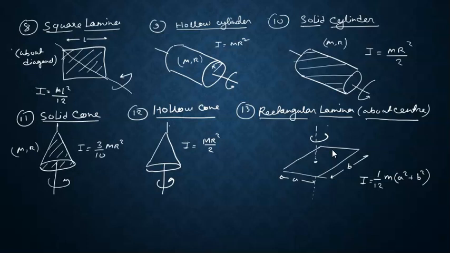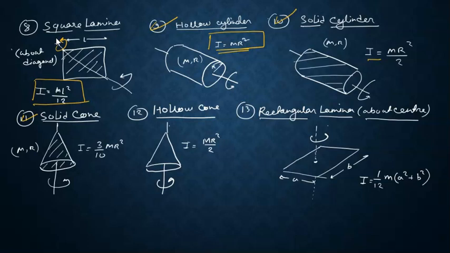Next, here we can see the square lamina, where we're rotating the square lamina about its diagonal, and the moment of inertia in this case is ma square by 12. In case of hollow cylinder, it resembles the value of the ring, that is I equals mr square. And in case of solid cylinder, it resembles the value of the circular disk, and that equals mr square by 2.